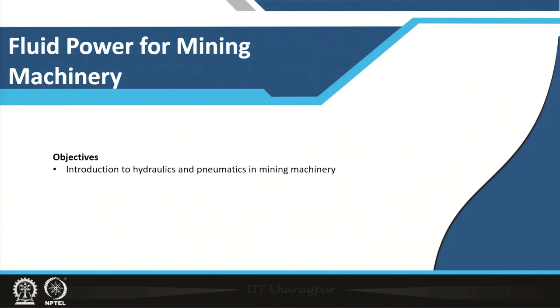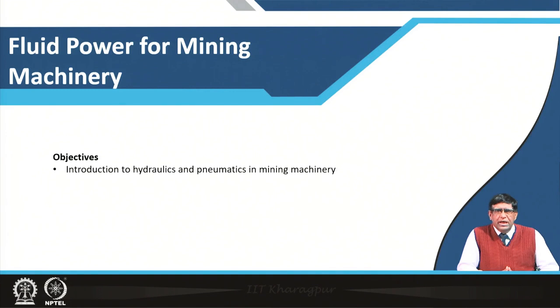Now, in mining machinery we use mineral oil as a fluid, and also compressed air. There are a number of machines which use compressed air, particularly drilling machines, powered by pneumatic motors.